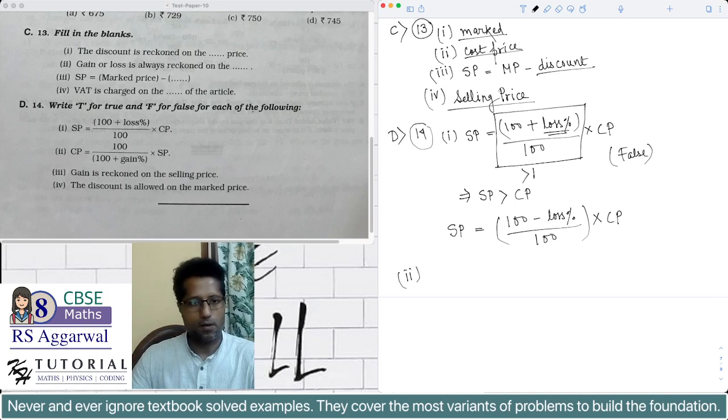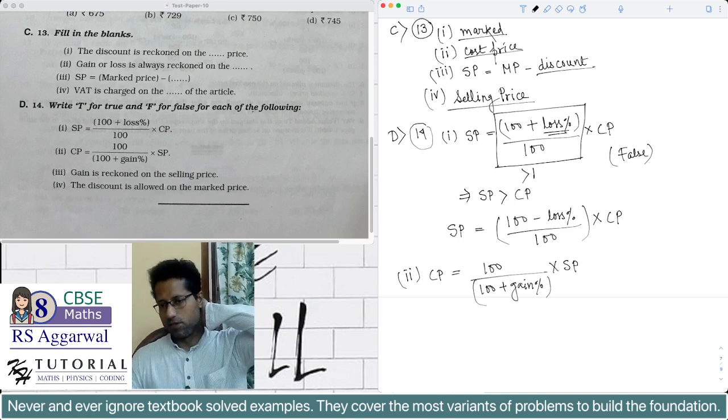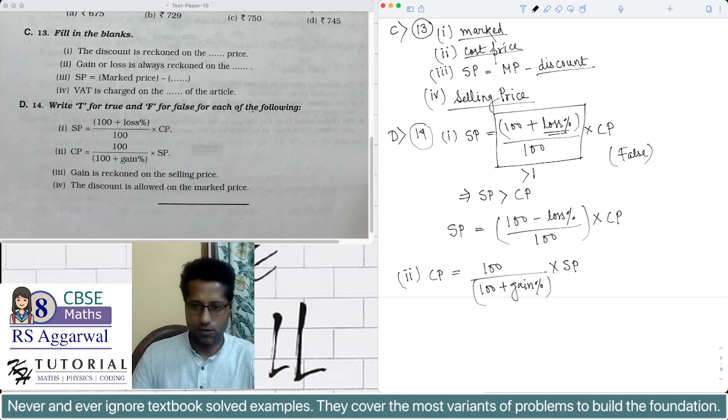Part 2, it is given that CP is equal to 100 divided by 100 plus gain percent multiplied by SP. Now on the right hand side of this equation, it is using gain percent. So obviously it means that there is a gain.